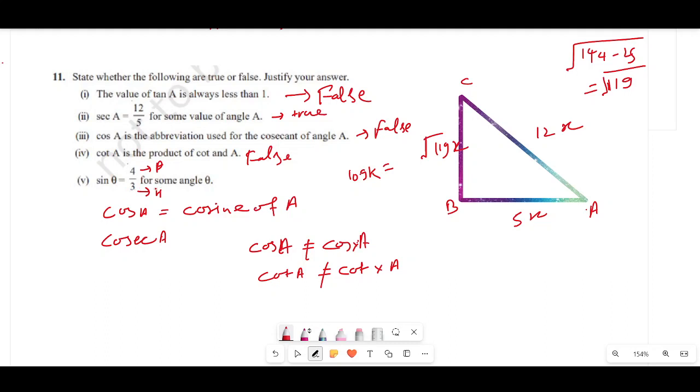The hypotenuse should be greater than P and greater than B. Without this we cannot make a solution, because the hypotenuse is always bigger than the remaining sides. So the given information is false. Clear? So this is our solution.